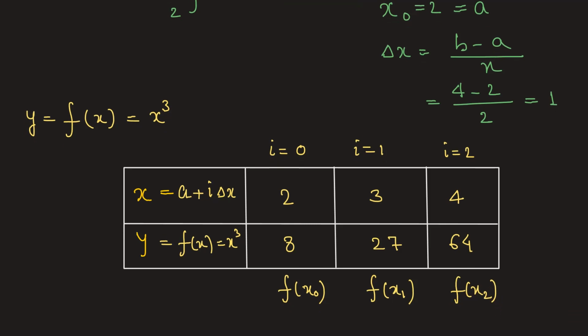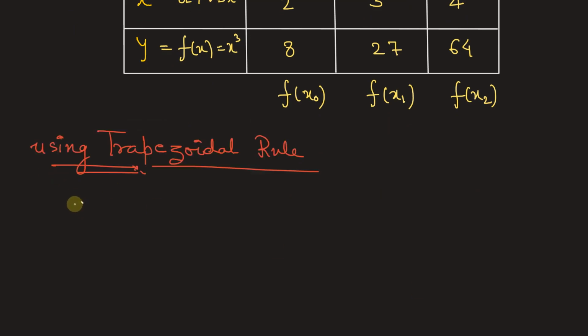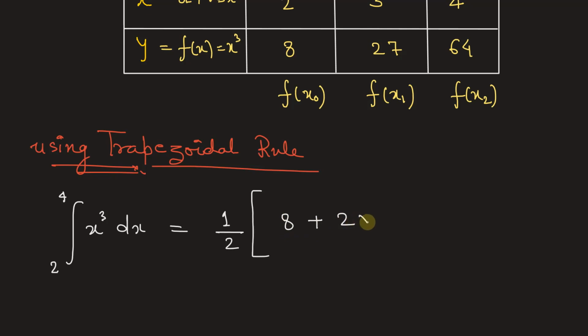Now let's use the trapezoidal rule for numerical integration. As explained above, the integral from 2 to 4 of x cube dx will be given by delta x by 2. The delta x value we have already calculated, 1, divided by 2, into f of x naught, whose value is 8, plus 2 times f of x1, which here is 27, plus the last term, that is f of x2, that is 64.